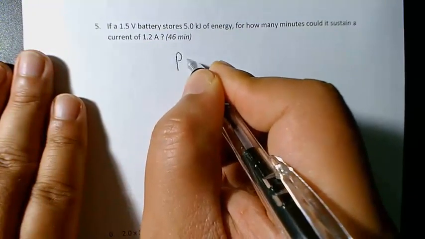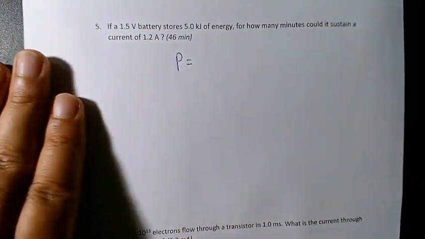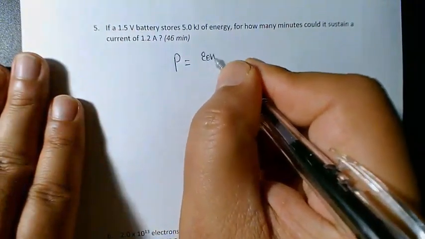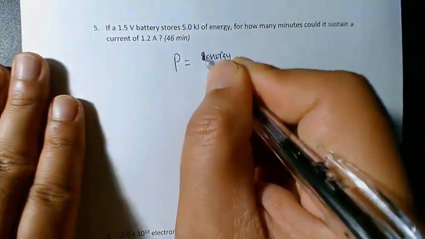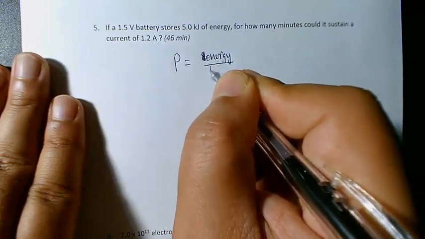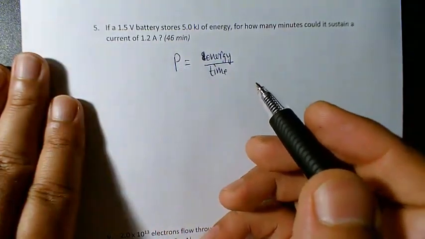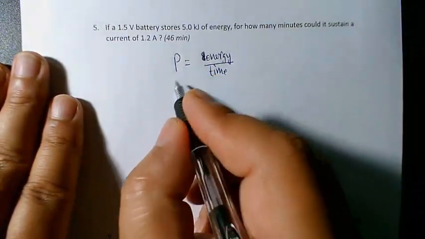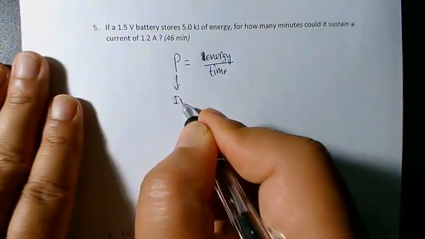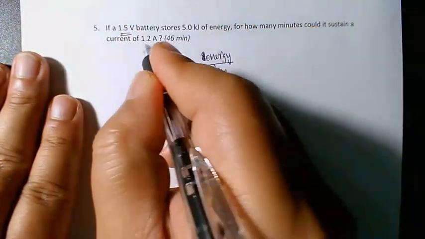The general definition of power is electrical energy divided by time. The rate of flow of energy is power in general. But power is also I times V, because you are given the voltage and you are given the current.